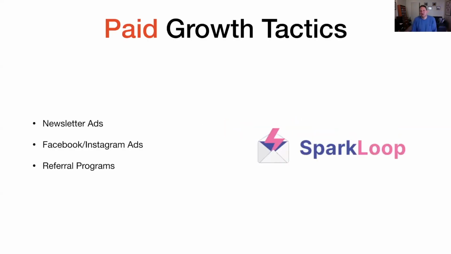Paid growth is a whole other thing. We could do 4 sessions probably just on paid growth, and maybe at some point we will. But at a very high level, if you're going to spend money to grow your newsletter, these are the 3 things that I would consider spending it on. First, and probably most effective and cost effective, if it fits in your niche, is newsletter ads.